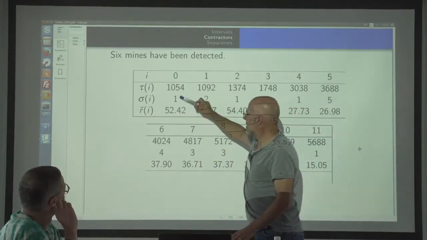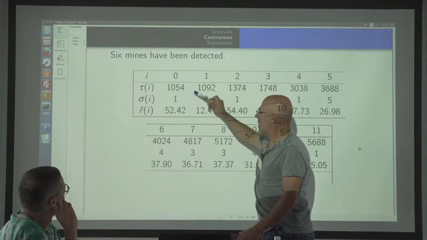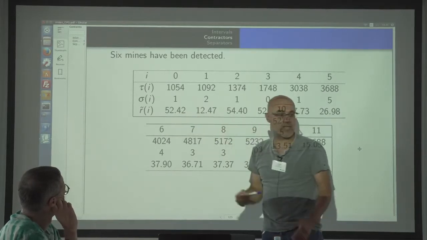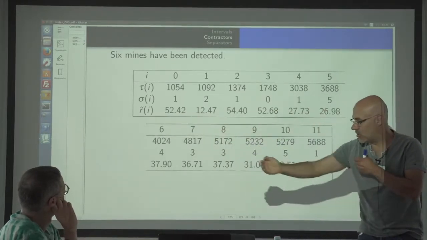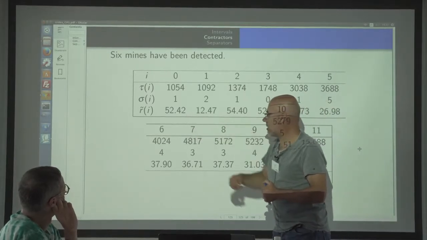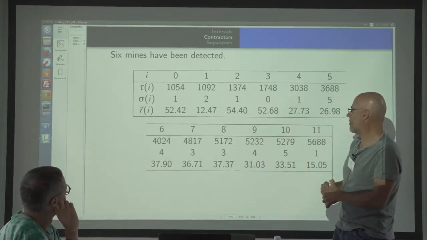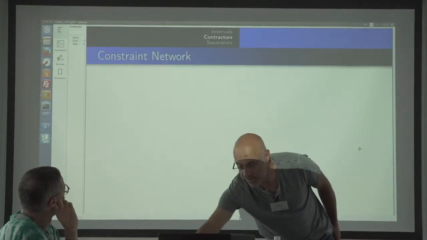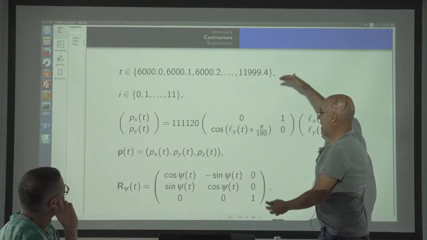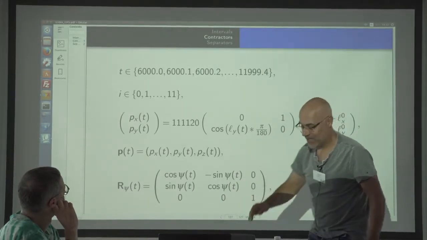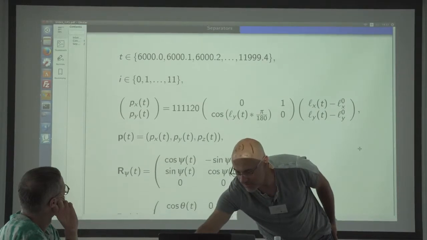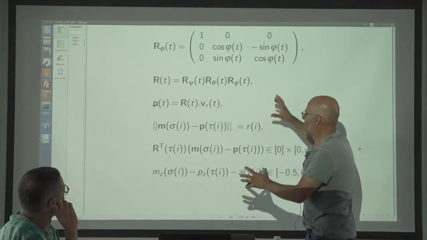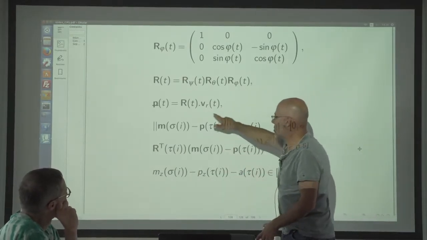So it has been seen at the time given here. And when the mark has been seen, it was at this distance to the AUV, because the distance is given by the sonar, which only provides distance in fact. We transform everything into equations, so don't look at the equations, but I have many equations, with matrices and so on, and I will try to solve all of them. So for instance, this equation corresponds to the state equation, so here it's x dot.